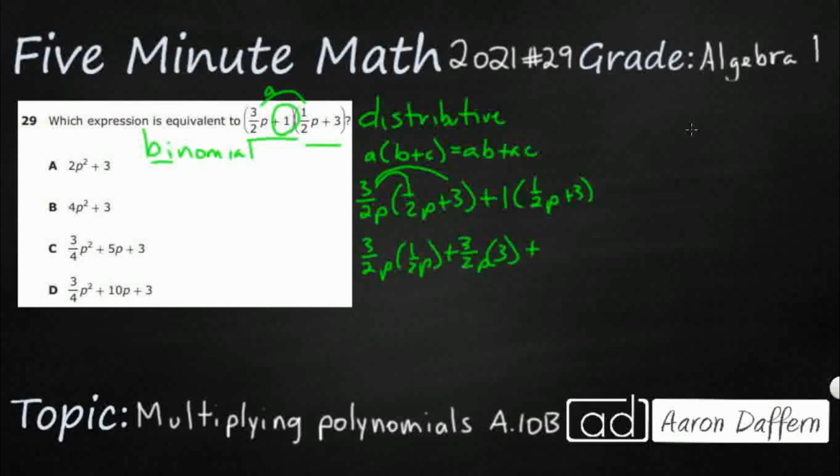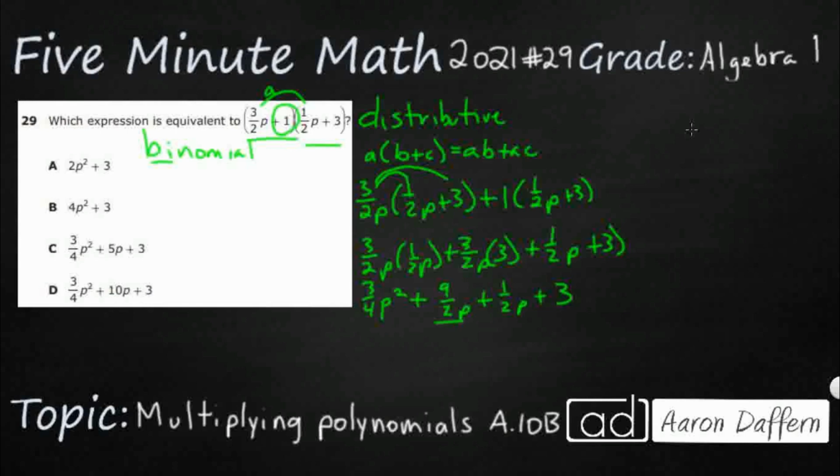Since it's just multiplied by 1, let's just drop the 1 and the parentheses. So really I've got the 3/2 P times 1/2 P, right? That's going to be P squared. Multiplying fractions, it's going to be 3/4 straight across. Then I've got 3/2 P times 3, so that's going to be 9/2 P plus 1/2 P plus 3.